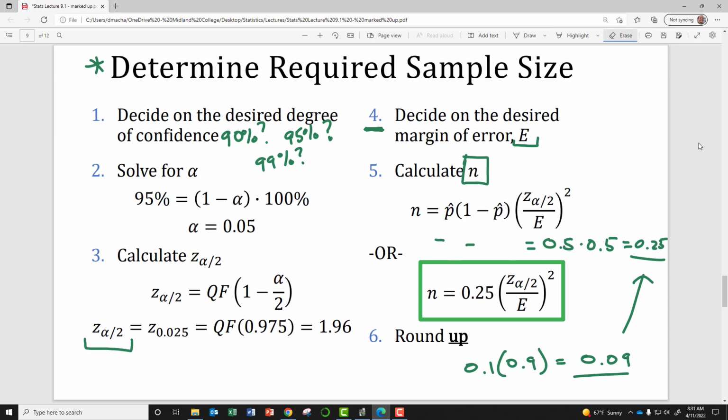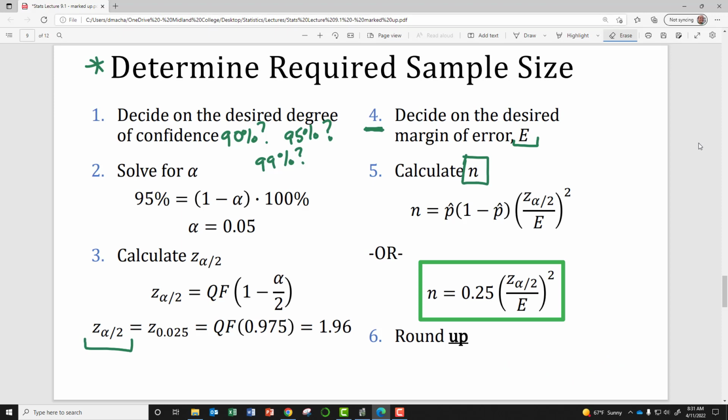So in any case, that 0.25 is just a conservative number to plug in, because that's actually the largest value you could possibly get. And so without having any idea of what the population proportion might actually be, the safest bet is to assume it's 0.25. Okay.